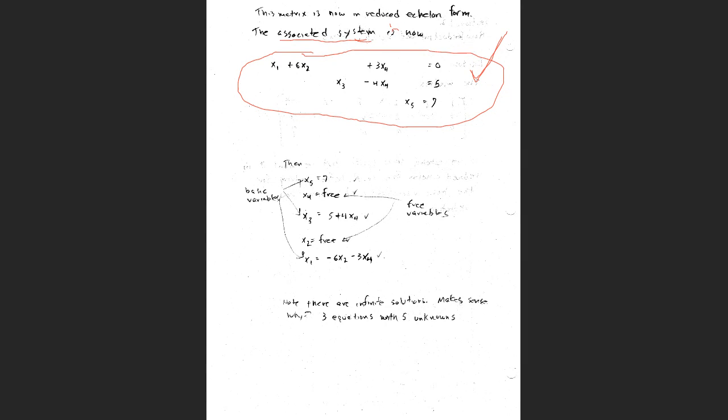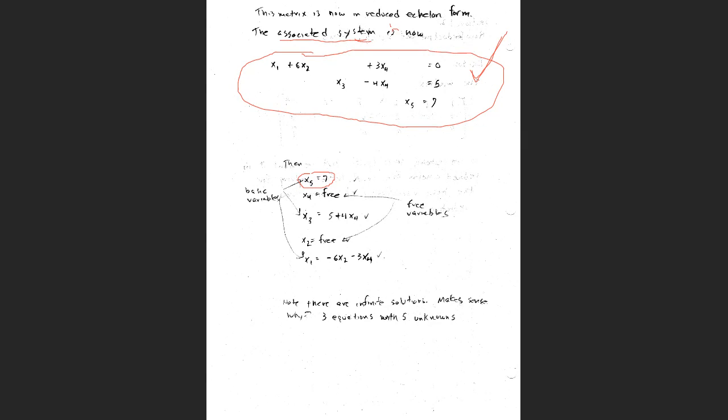So what would the solution be? Well, now this is something you would not have seen before, but look, x5 equals 7. We're going to let x4 be what's called a free variable.